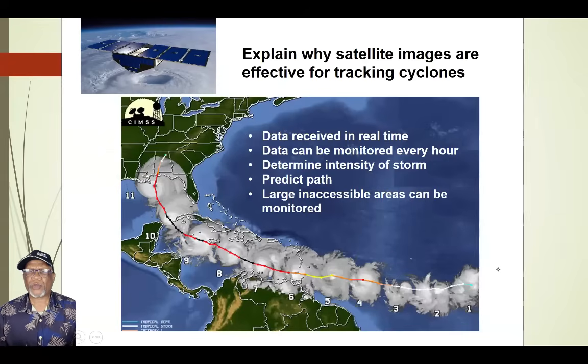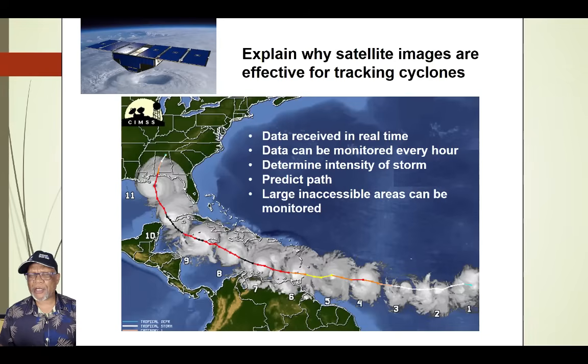So let's look at tropical cyclone management. Explain why satellite images are effective for tracking. Why is it important to use satellites? Because data is received in real time. Satellites give you a live feed of whatever process is taking place, and the data can be monitored every hour.